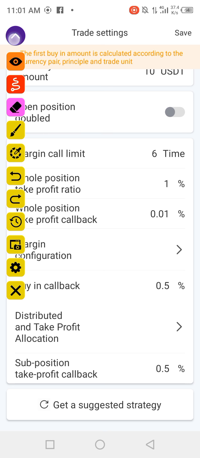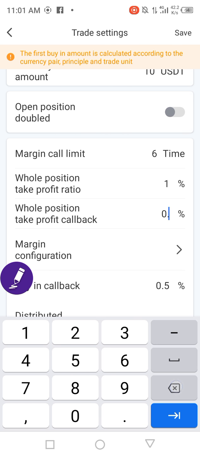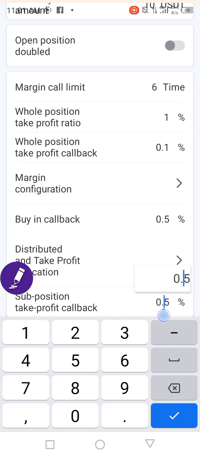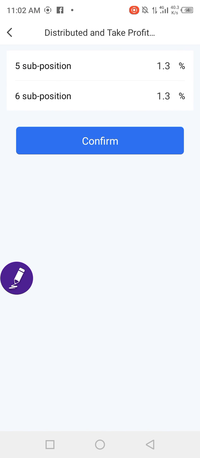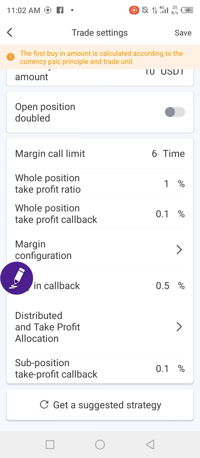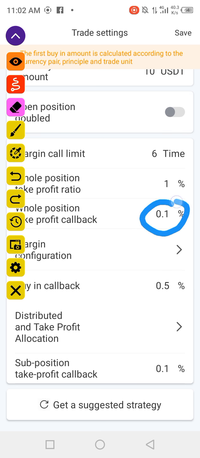So if you set here 0.1, it will be nice also that you set here 0.1, because this one controls the sub position from 5 to the highest number that you set, while this one controls the initial buy-in and up to 4th positions. Very simple.